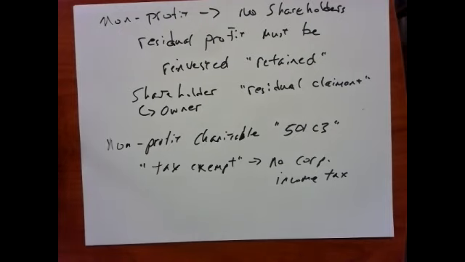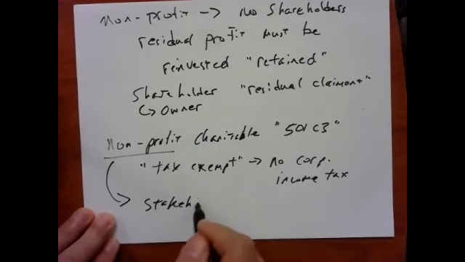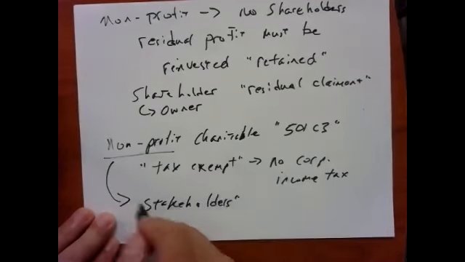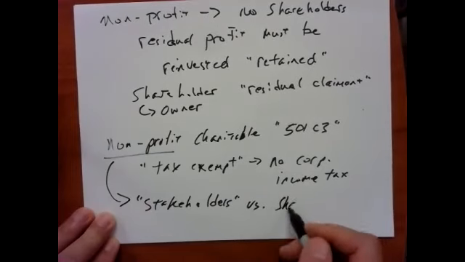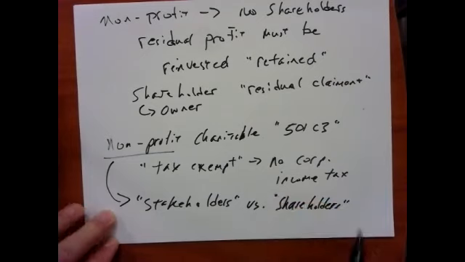So for a not-for-profit, you can think of stakeholders versus shareholders. People in the town or in the community are stakeholders in the sense they have an interest in the organization and the services it provides, but they are not shareholders.